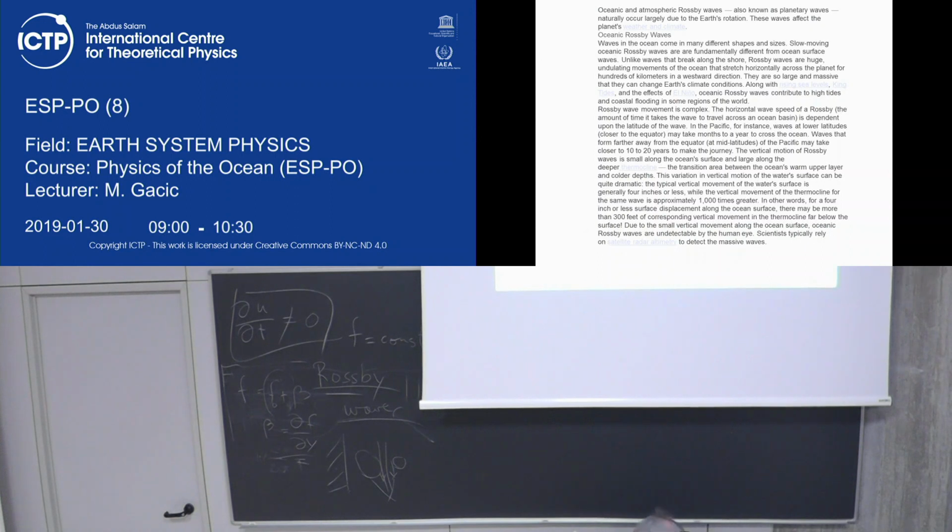And let's see some description, some characteristics, staying at the qualitative part, some consideration about the oceanic and atmospheric Rossby waves, and they are known also as the planetary waves. For example, one of the very important manifestations of planetary or Rossby waves is those waves which appear along the polar front in the atmosphere.